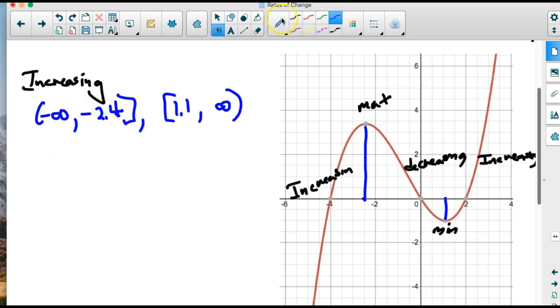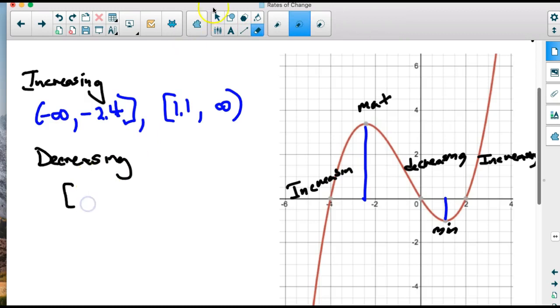So now it's decreasing from negative 2.4 to 1.1. We always go left to right, sorry. So this would be negative 2.4 to 1.1.